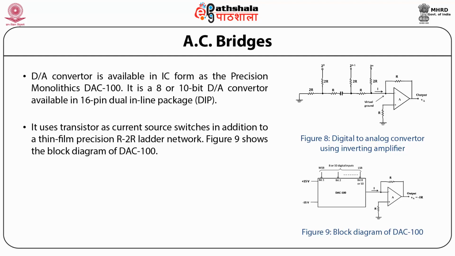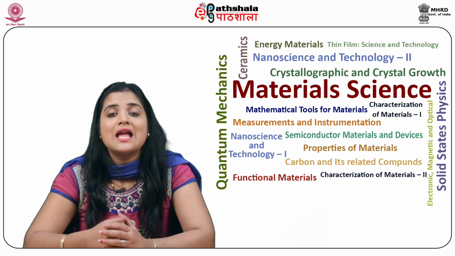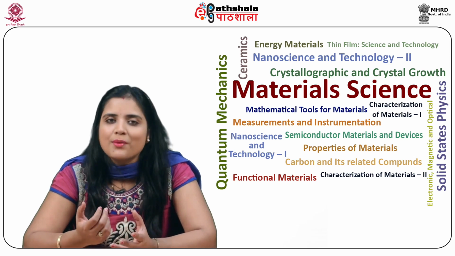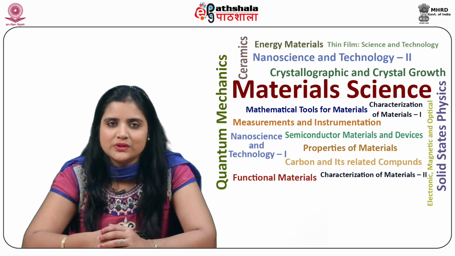The figure below shows the block diagram of DAC 100. We can notice in this figure that the IC operates in current mode and is based on complementary logic. That is, all zeros at the input will produce the full-scale output at VA, while all ones at the input will produce zero output.